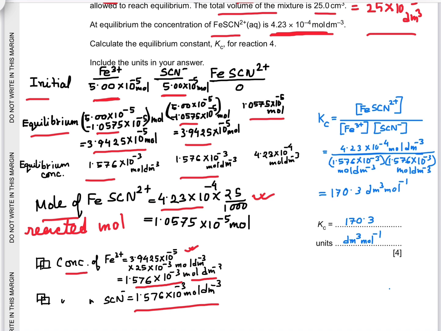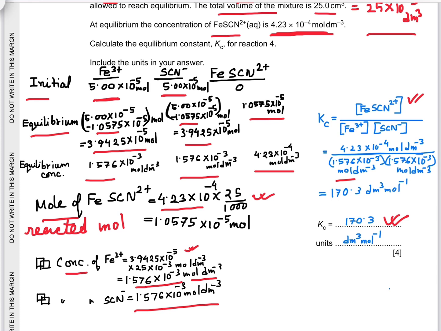And the concentration of the product is given already. So, here is the equation for Kc. We just have to put the values here. And from there we get 170.3. This is the value of Kc. And what will be the unit?